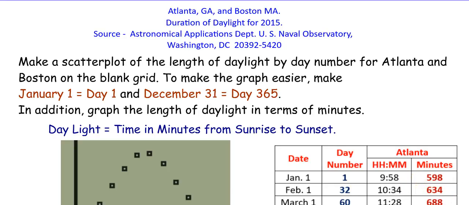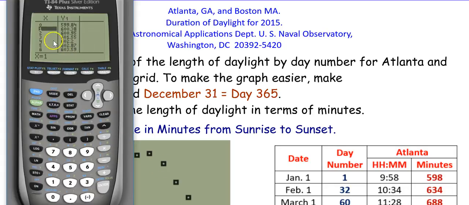Now second it is 634. Let us look at the 32nd day. I have to go all the way up to 32. On the 32nd day it is 633.84. 633.84 is almost 634.